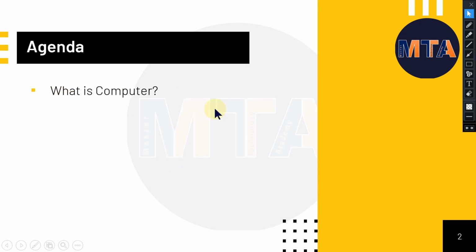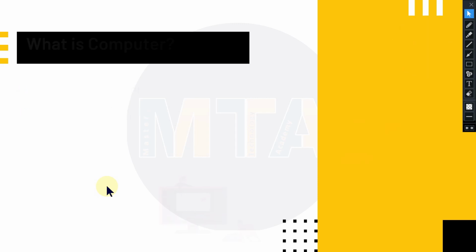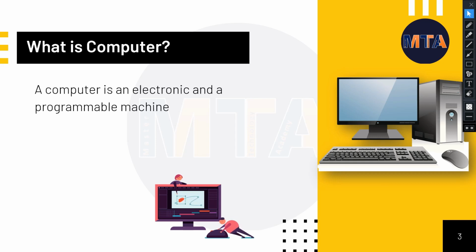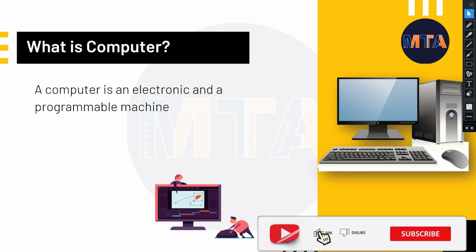At first, we are going to talk about what a computer is, as well as computing devices. Let's start from the definition of a computer. What is the definition of it? A computer is an electronic machine which retrieves data, processes the data, and gives a result.